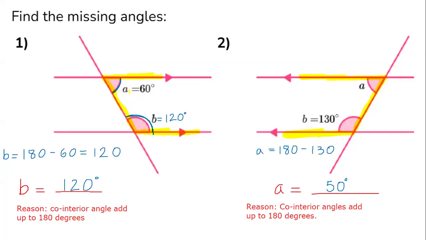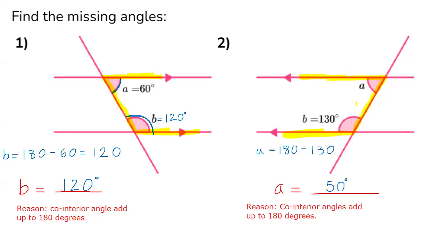We see the C shape, so that's co-interior. You minus from 180. Why are we subtracting from 180 degrees? Because that's how much they add up to, right? Very good. That's exactly right.